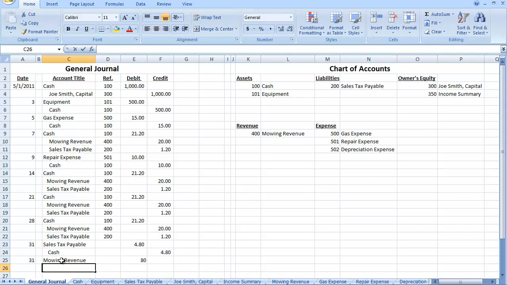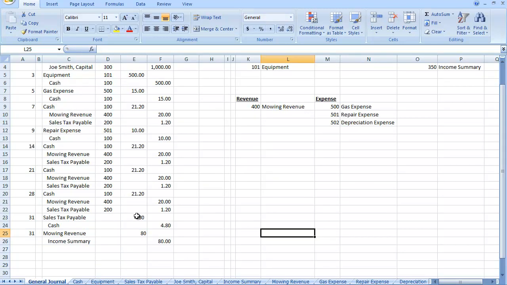Now we'll put this into income summary. So our income summary is going to be credited for $80. Make this 2 decimal places.